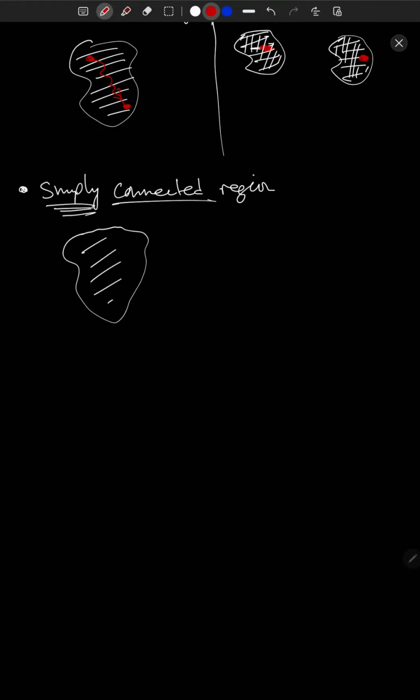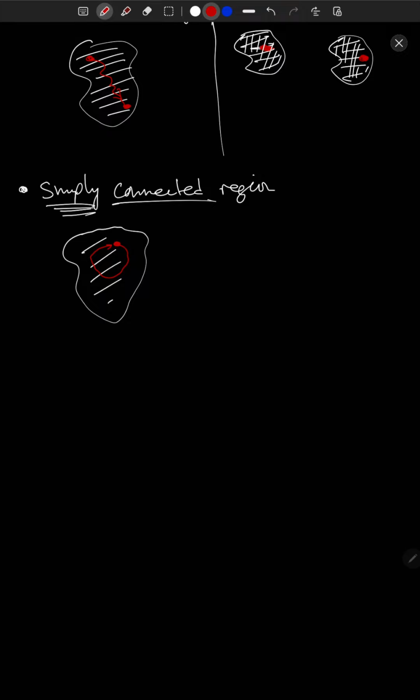if you take any loop inside this region, any loop like this, you can slowly deform this loop so that it deforms into a point. All right. So what I mean by deform is you can, for example, shrink the loop. You can move it around, but you can't jump. You can't have sudden jumps. You can't break the loop or anything like that. All right.